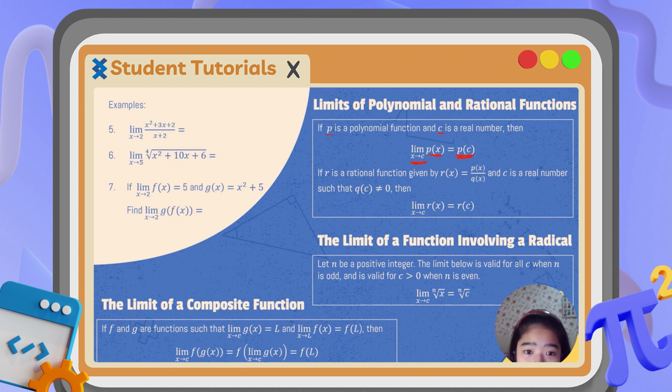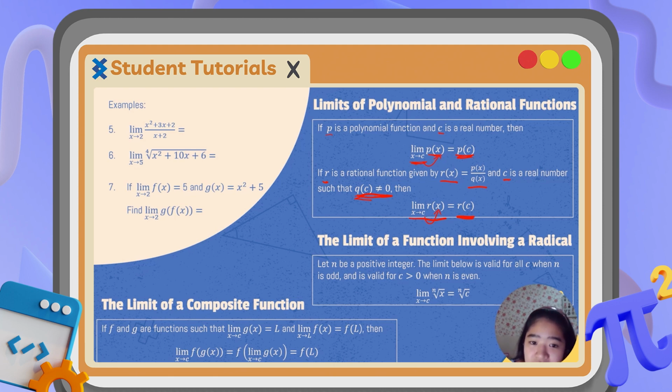And here, if r is a rational function given by r of x equals p of x over q of x, and c is a real number such that q of c is not equal to 0, remember that this is just similar to the quotient rule in the previous slide. And there, we'll notice that the limit of r of x as x approaches c is just r of c. So you just substitute c into the function. Similar here, you just substitute c.